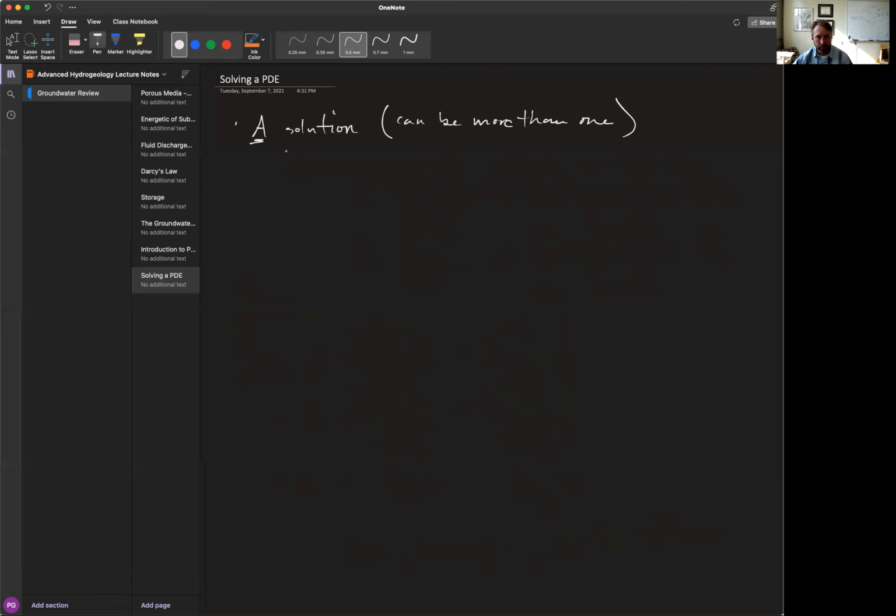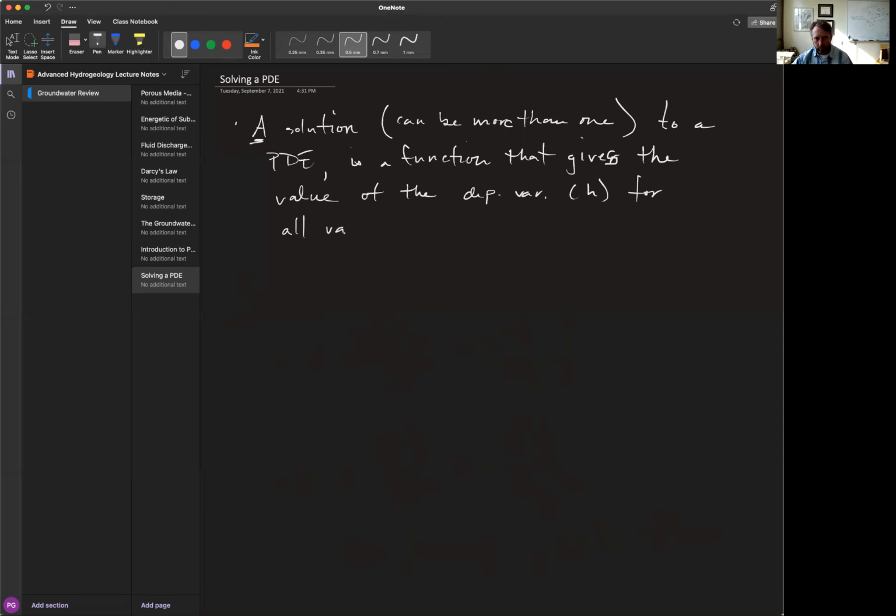A solution to a PDE is a function that gives the value of the dependent variable, in our case H, for all values of independent variables.